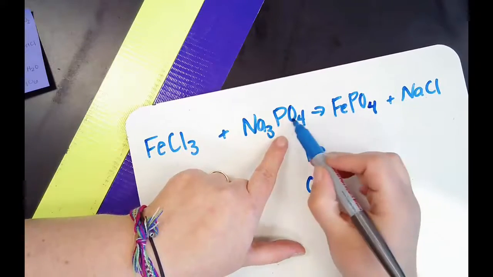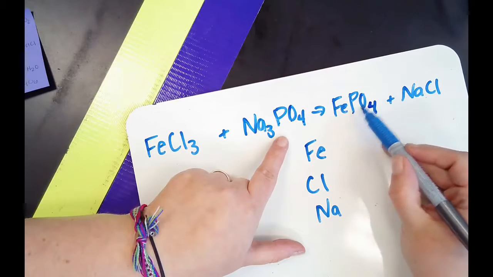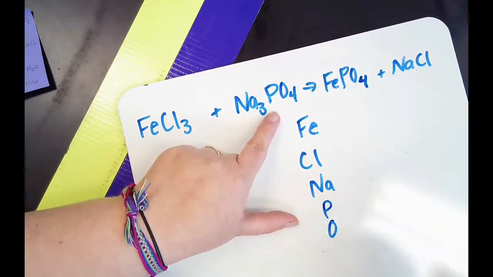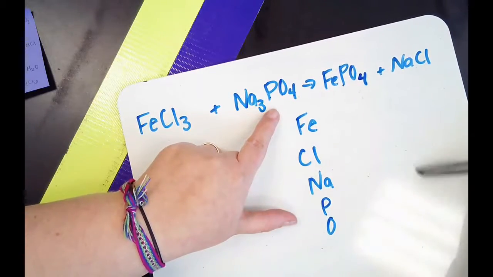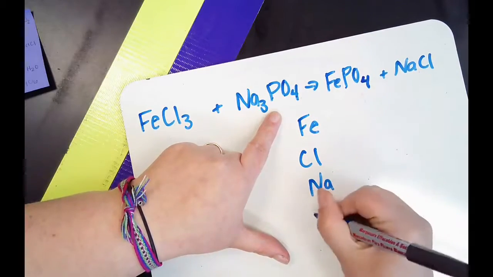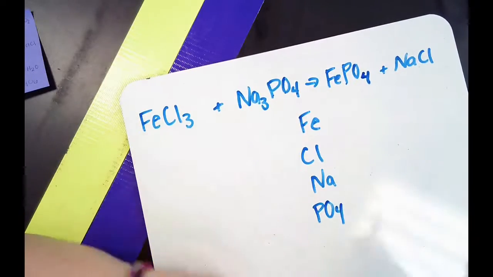Do you see how this is PO4 in the reactant side, and in the product side it's the same PO4? You can either treat that separately, or what I like to do sometimes, because it makes my brain work better, is I keep it together because it's found the same way on both sides of the equation. So why break it up, okay?